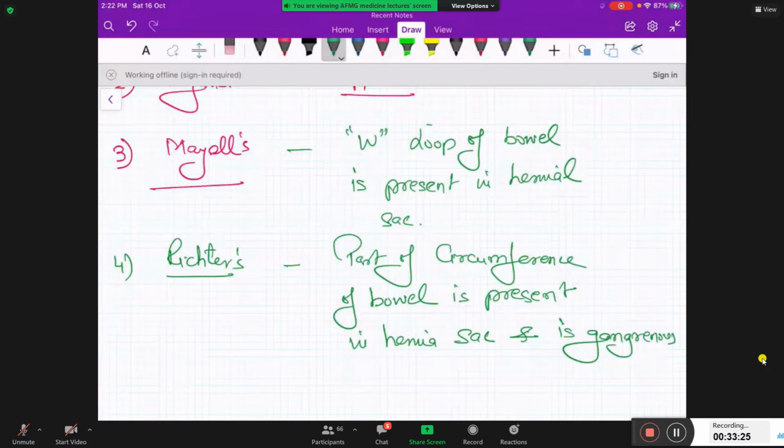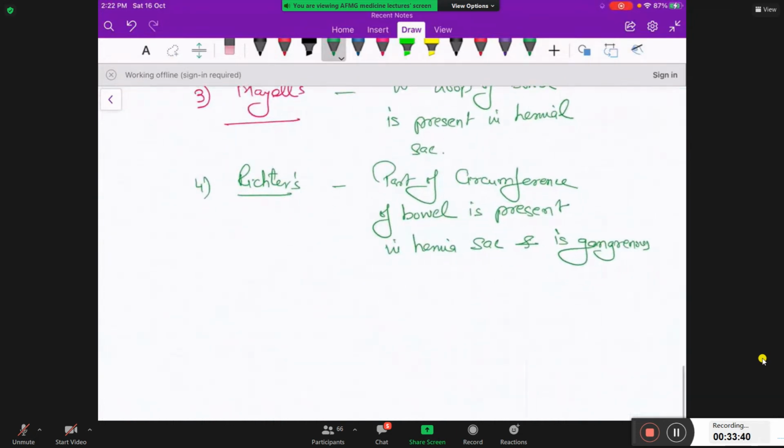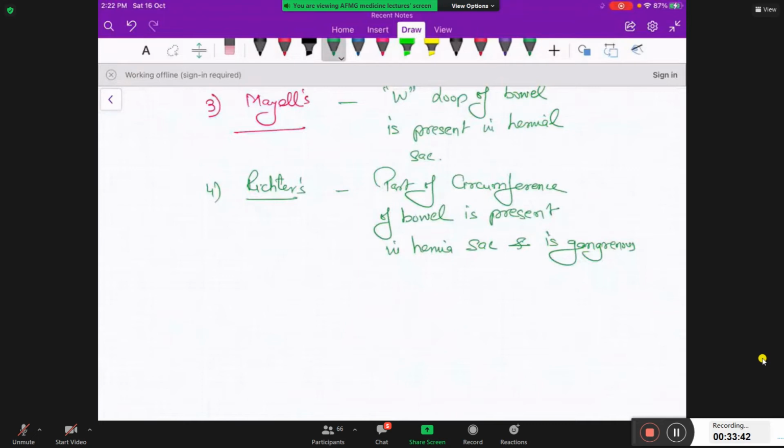When a part of the circumference of the bowel is present in the hernial sac and is gangrenous, it is called Richter's hernia. Then, very important, there is something called sliding hernia.